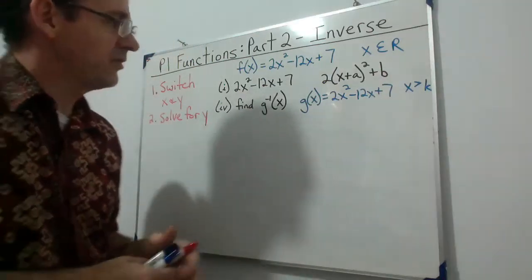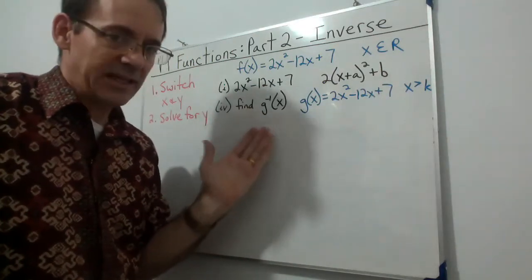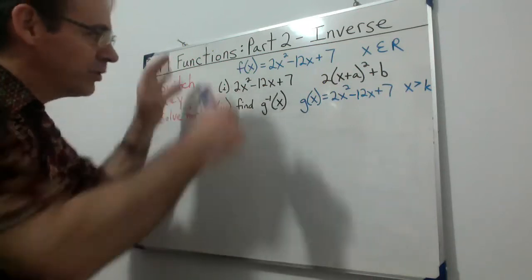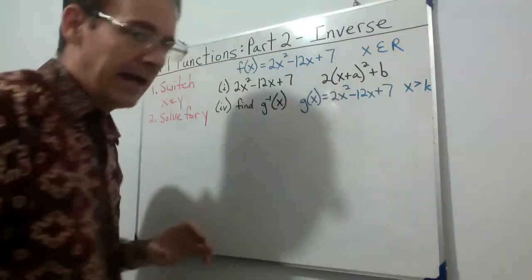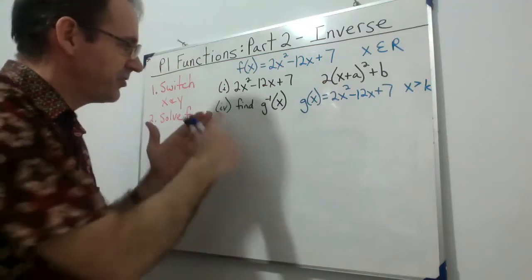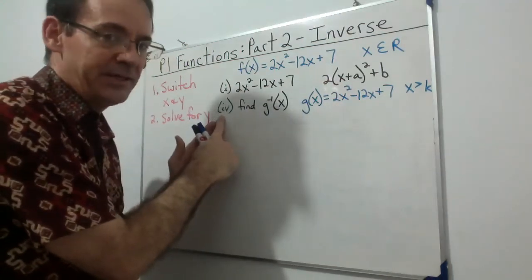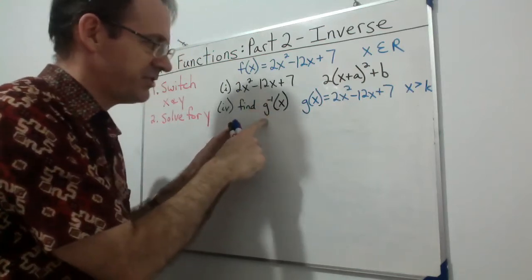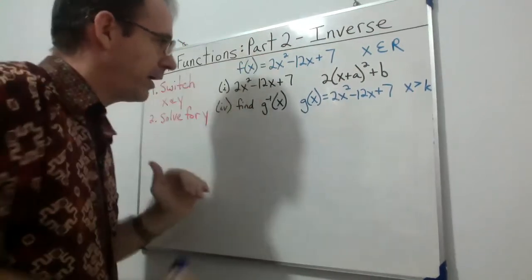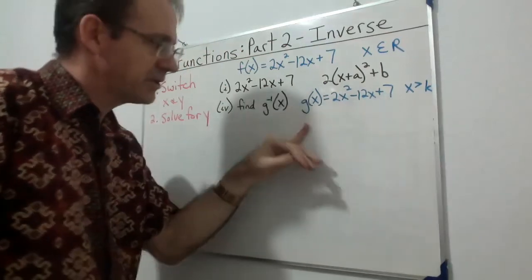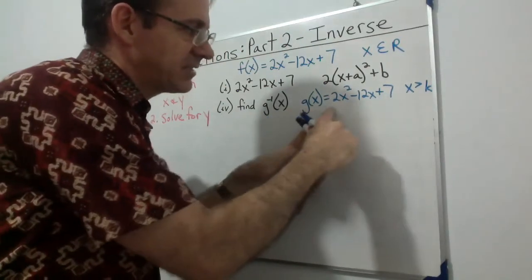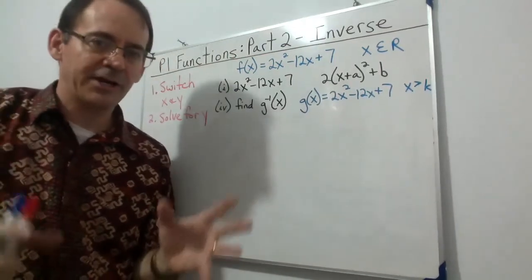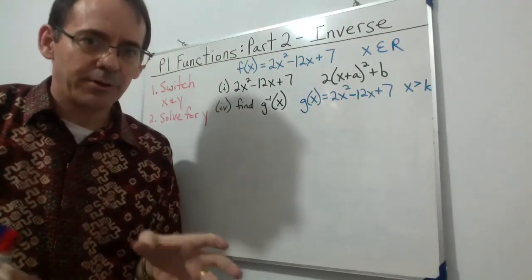What we want to focus on is this inverse function. Now, if you were to ignore part I, and you're just looking at part IV, and you see find the inverse of g, and you look above it to find the g function, and g of x is equal to this quadratic, you might make a very terrible mistake.